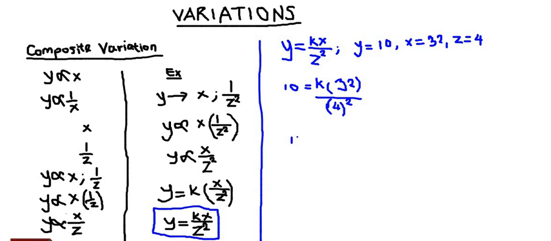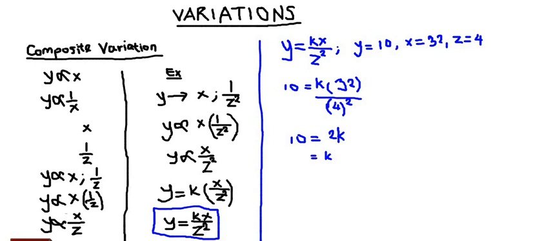So say 10 is equal to 4 squared is 16. So in short, we have 16 into 32 is 2. So we have 10 is equal to 2k, which gives us the constant of variation k will be equal to 2. We divide both sides by the coefficient.